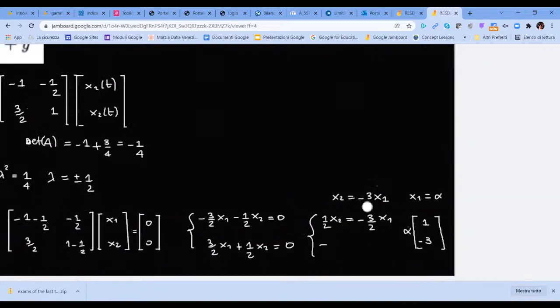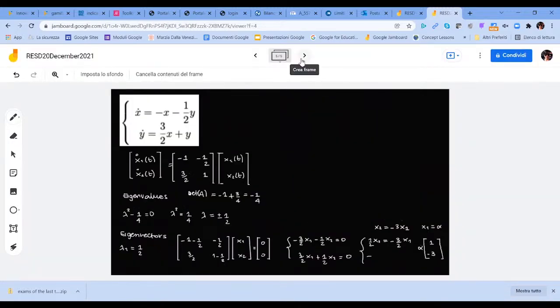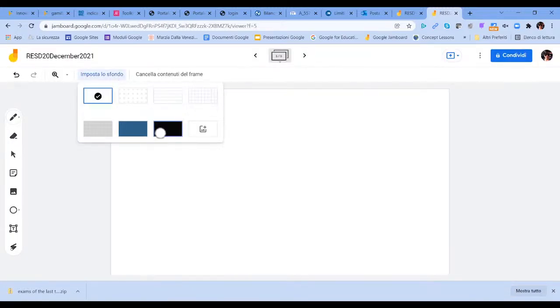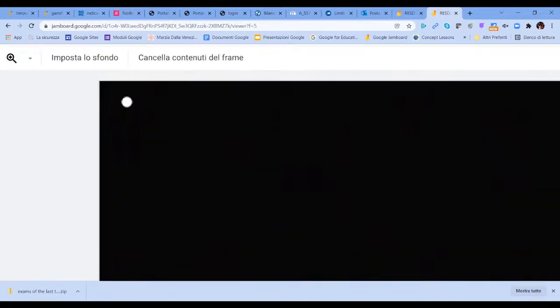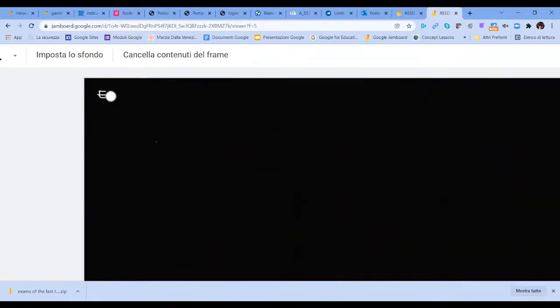Now we compute the eigenvector corresponding to the other eigenvalue. In more dimensions you could find more eigenvectors that correspond to one unique eigenvalue, but for any different eigenvalue you have one eigenvector.